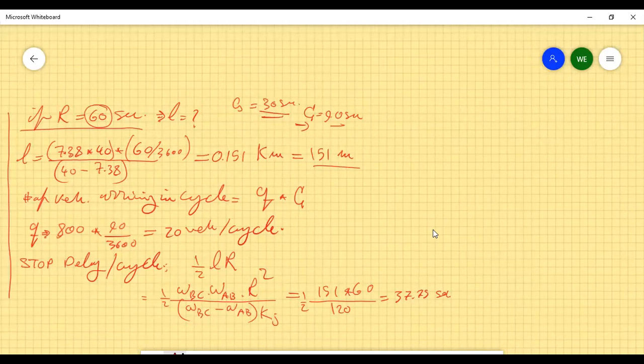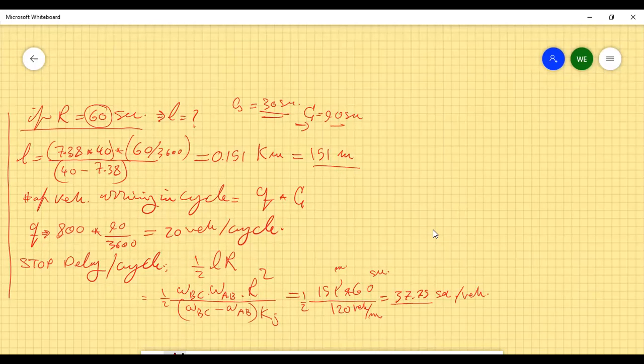Okay, let's just review it. Here, this is meter. Here, this is second. Here, this is vehicle per meter. So here, 37.75 second per vehicle. Correct? Okay, so that's the average control delay per vehicle for those stopping.